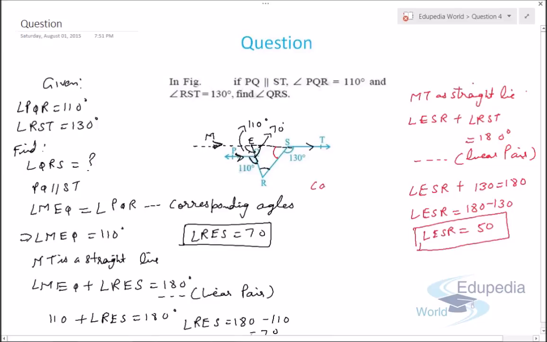Now if we consider triangle ESR, we have this angle plus this angle plus this angle equals 180 degrees, means the sum of angles of a triangle is 180 degrees. So we can say angle RES plus angle ESR plus angle QRS equals 180 degrees.